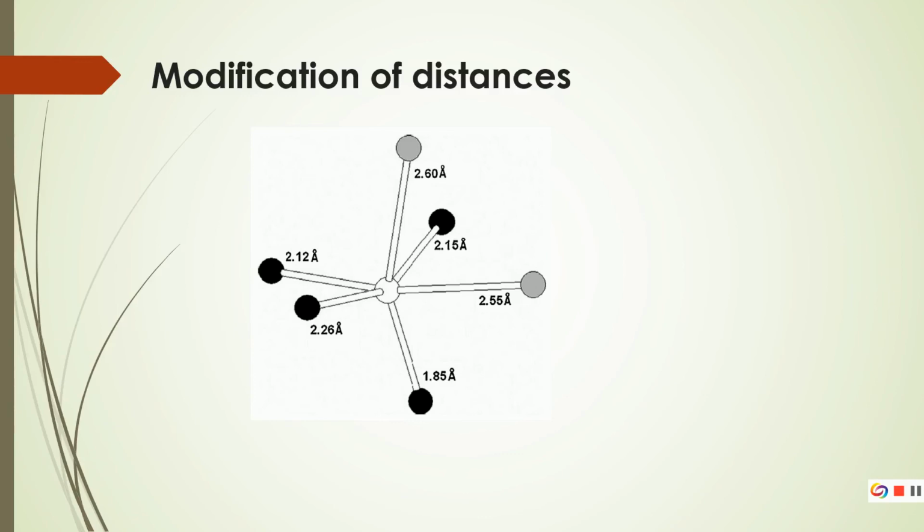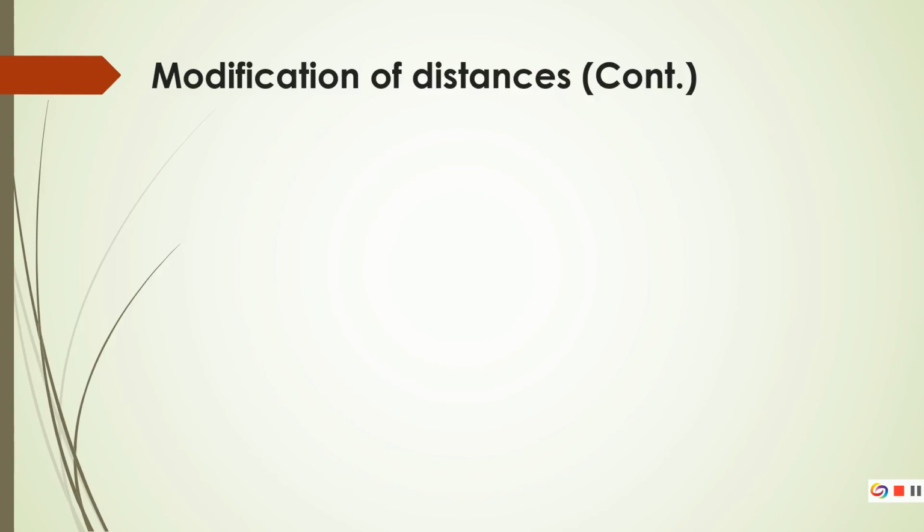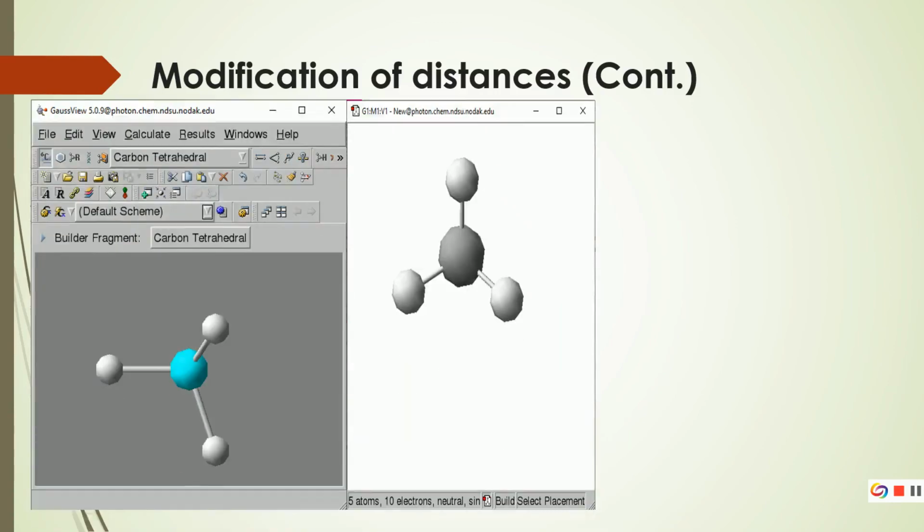So how can we do that? There is some battery issue here. Modification of distances. As was discussed by Mahek and Gwen, the builder and viewer window will come. I just took carbon tetrahedral as an example.